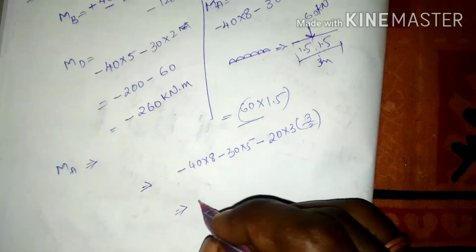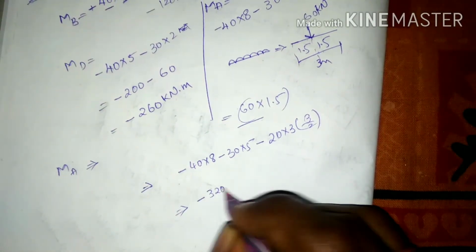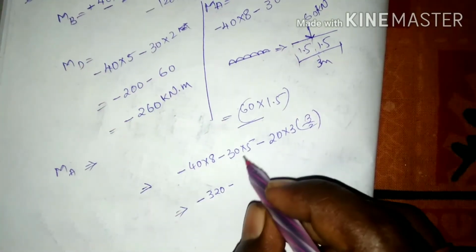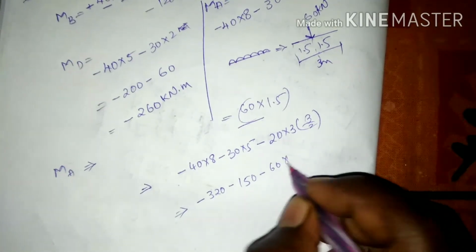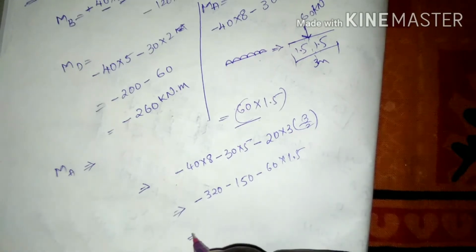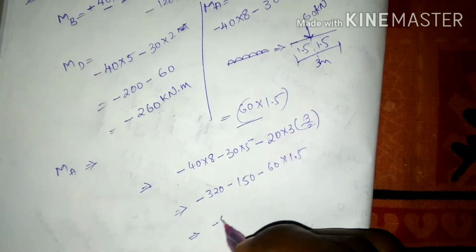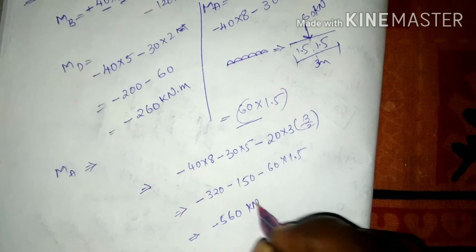That value is minus 320 minus 150 minus 60 into 1.5, and that value is going to be minus 560 kilonewton meter.